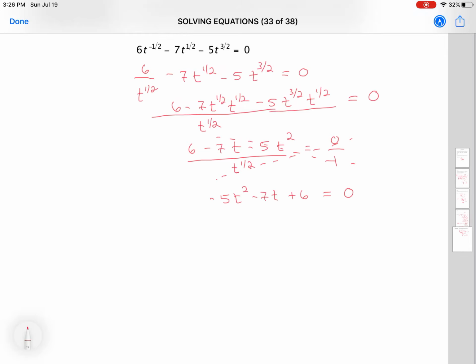So again, a quadratic equation. We kind of prefer to have the sign in front of the t squared to be positive. So let me multiply both sides by -1. So that's the same thing as 5t squared plus 7t minus 6 is equal to 0.